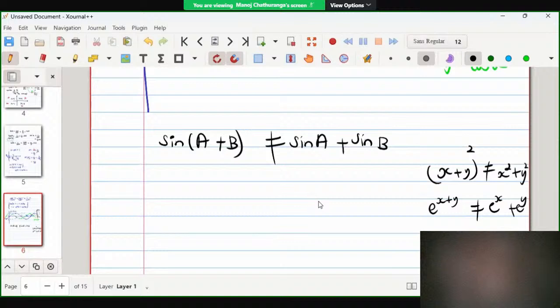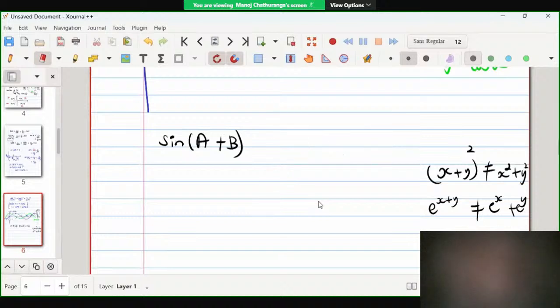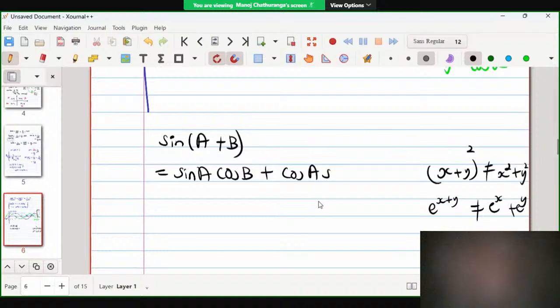The correct formula is not sine A plus sine B. It is sine A cosine B plus cosine A sine B. There is a similar formula for cosines.